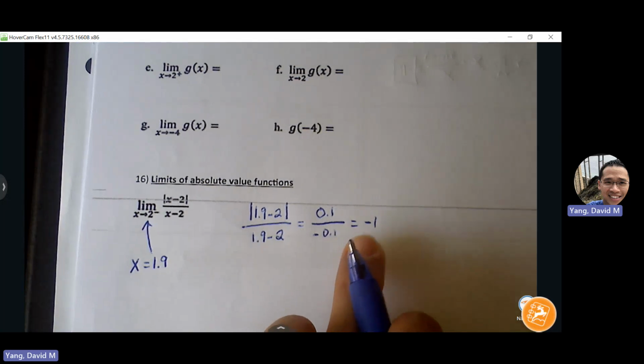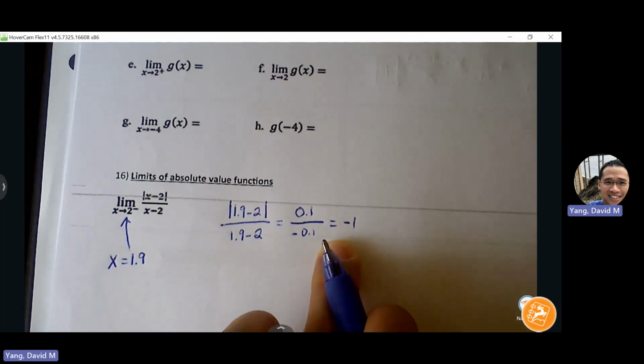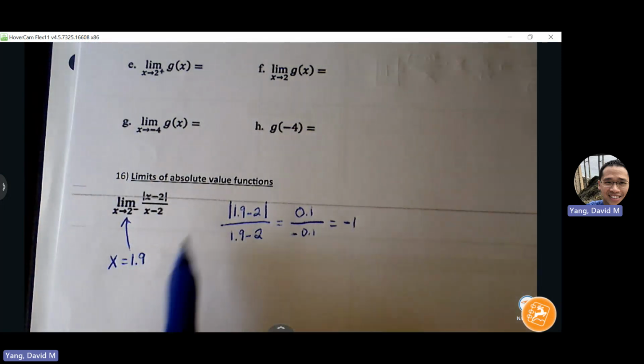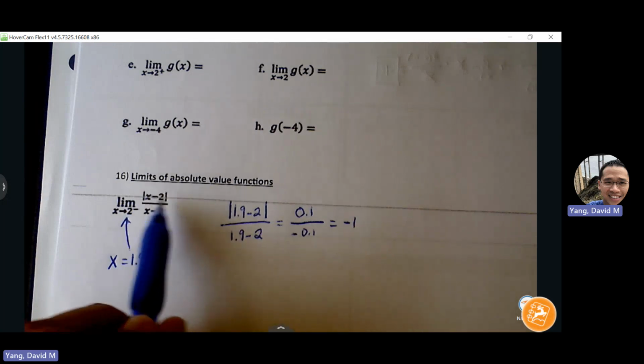And now, obviously, if we had the graph in front of us, it'll be a lot easier to identify the approach, but this is kind of a quick workaround, especially if it's cumbersome with the absolute value. So the graph actually looks something like this.